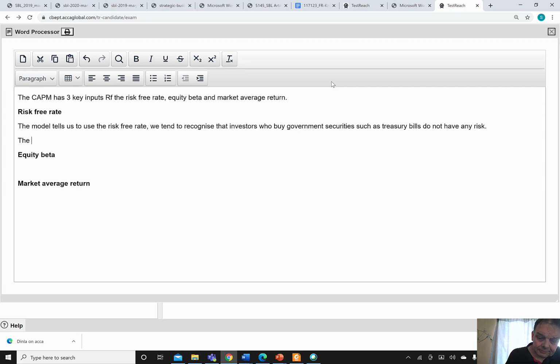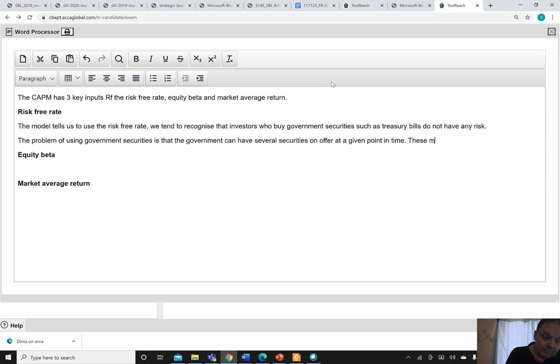The problem this has is that the government can have several, probably many actually, but anyway, several securities on offer at a given point in time.